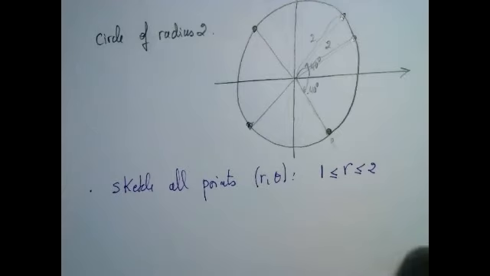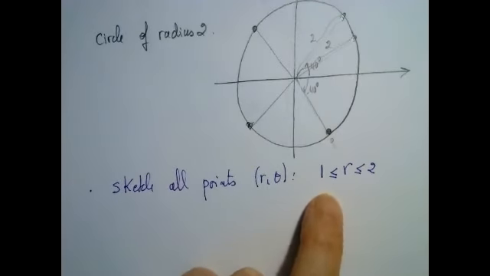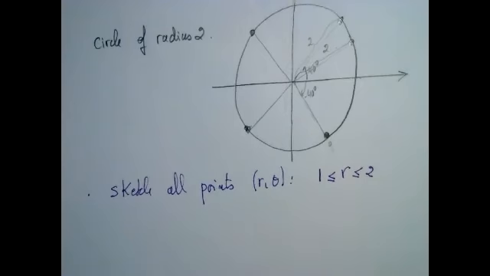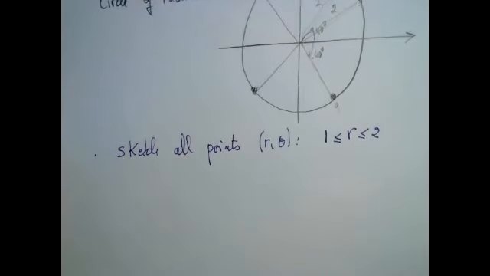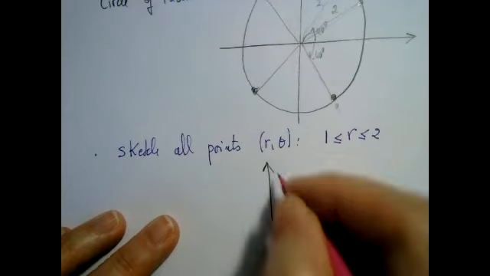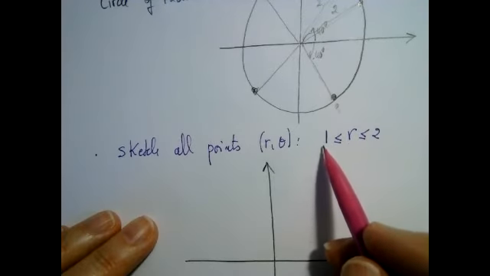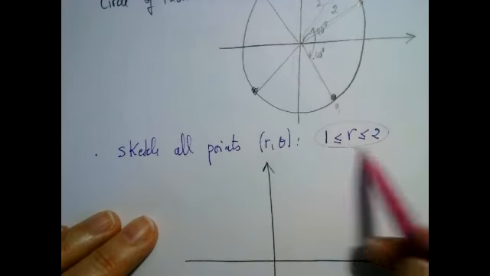Basically, it means I want all the points whose distance to the origin is between 1 and 2, because r is the distance. What do you think I will get quickly? So r is the distance from the origin. All the points whose distance from the origin is between 1 and 2.